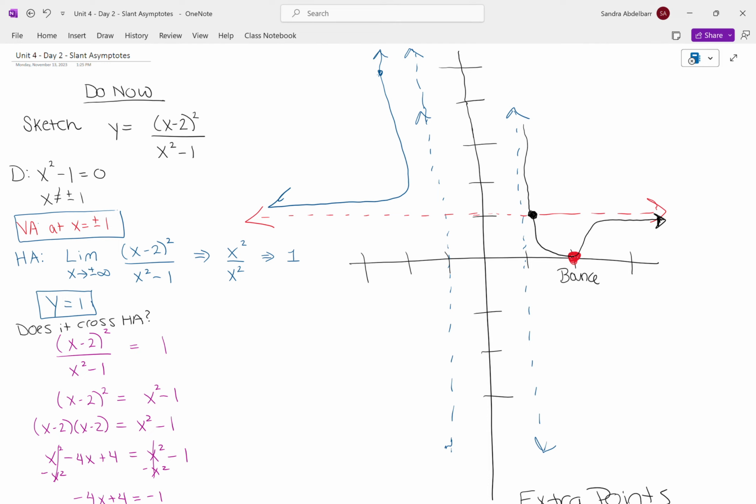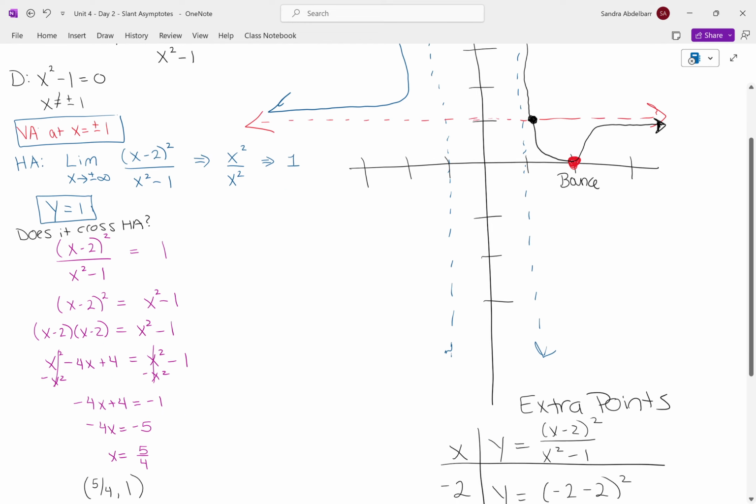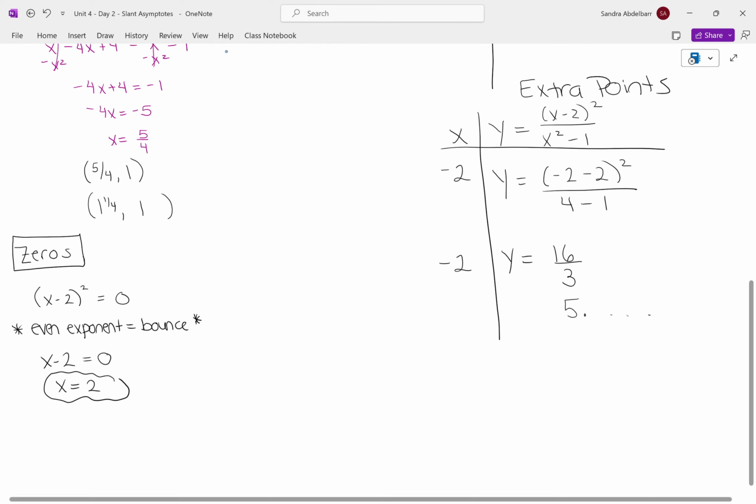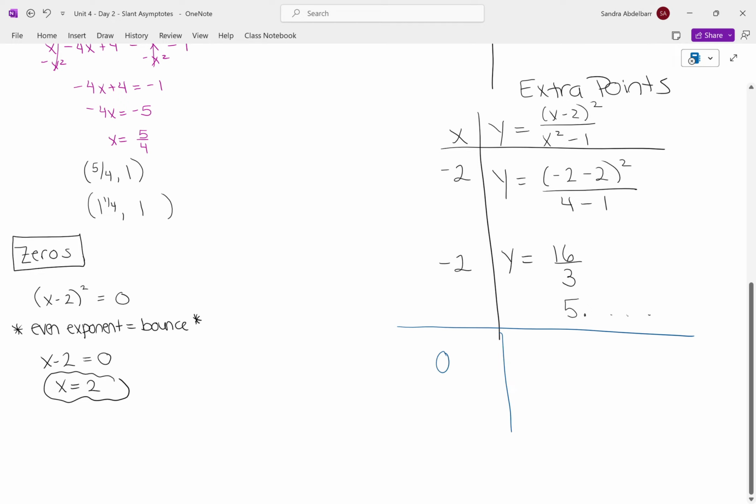All right, so now we have to figure out what's going on here, in between. So I'm between -1 and +1. Can I choose 0? Yeah, let's choose 0 and see what's going on between the 2 vertical asymptotes.